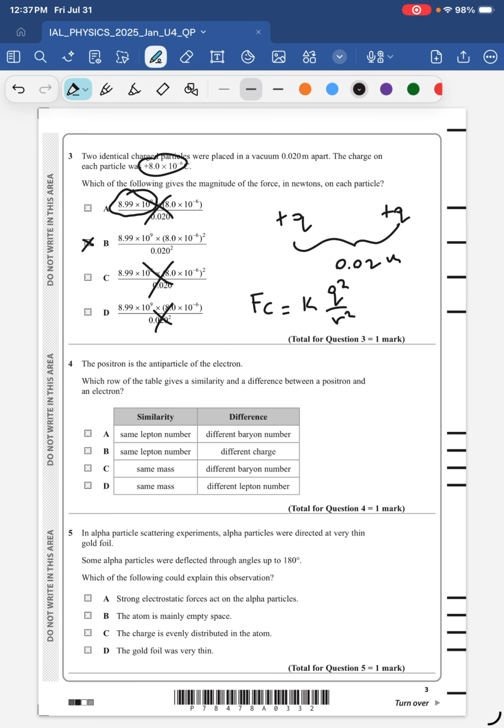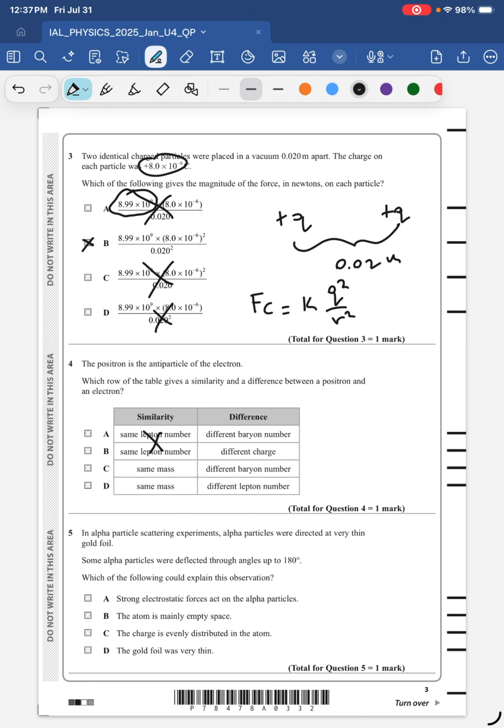Okay. 4. The positron is the antiparticle of the electron. Which row of the table gives a similarity and a difference between a positron and an electron? Okay, so the similarity before we even read the table is that they have the same mass, opposite charge, opposite lepton number, etc. So options A and B are wrong because they don't have the same lepton number.